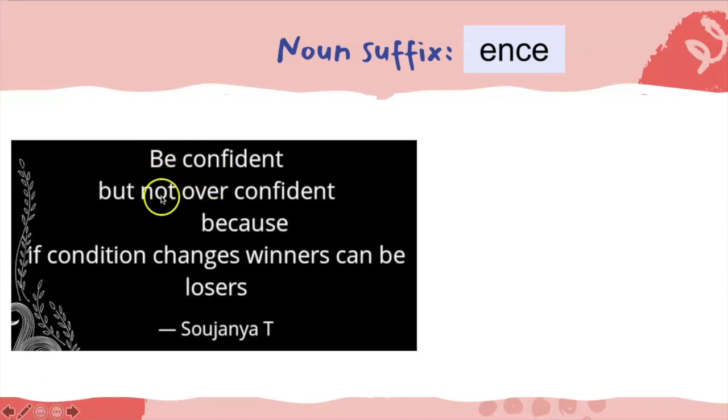Be confident but not overconfident, because if conditions change, winners can be losers. I like this quote very much. Do you know the adjective here? Yes, confident is an adjective here to describe a feeling that you believe in yourself.